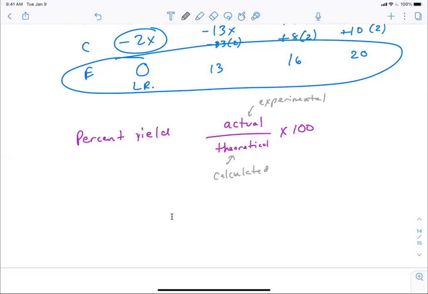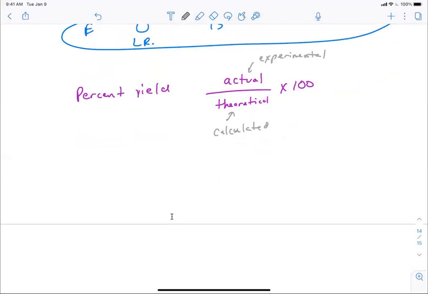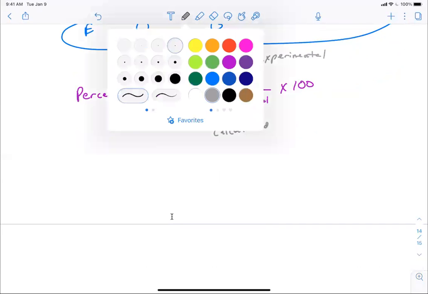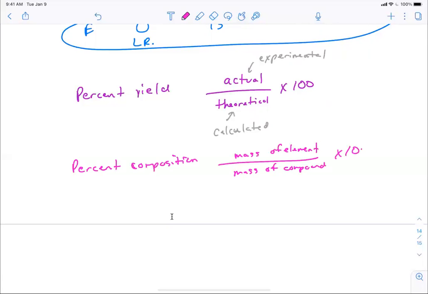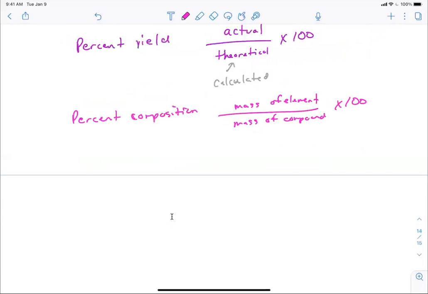Actually, you know what? I'll throw in percent composition as well, because we talked about it briefly in the combustion analysis. Percent composition is the mass of element divided by mass of compound times 100. I guess we would do mass of element times the subscript.